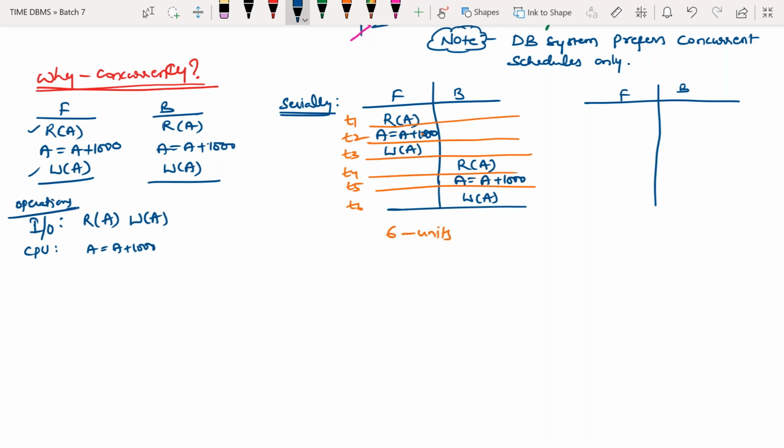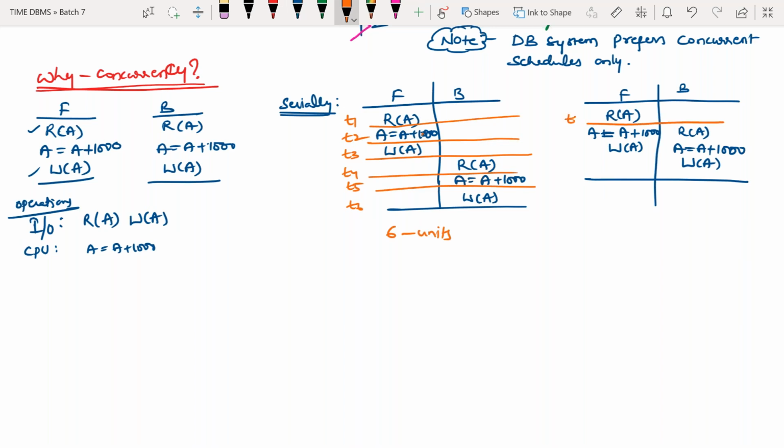Now, using this point, whenever the F transaction is executing an IO operation, the B transaction should perform CPU, and whenever F is performing CPU, B should perform IO, and vice versa. Then observe how many units of time it takes.